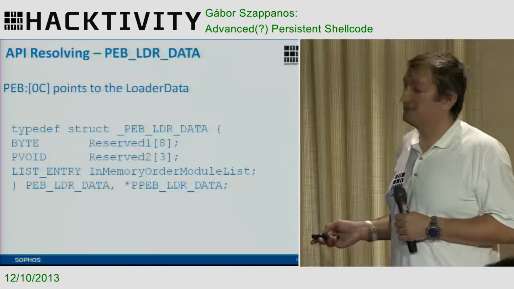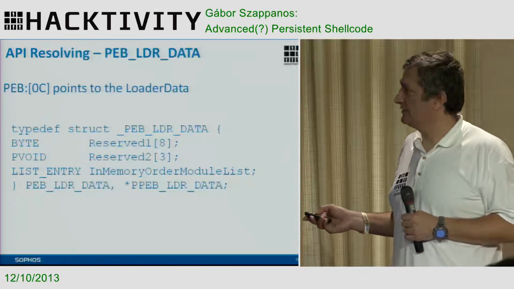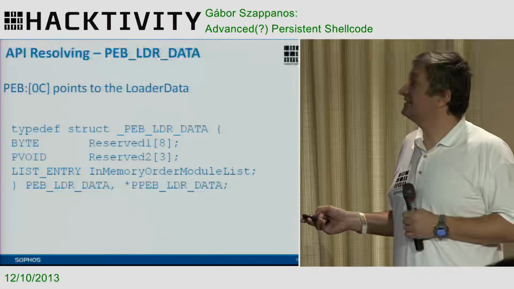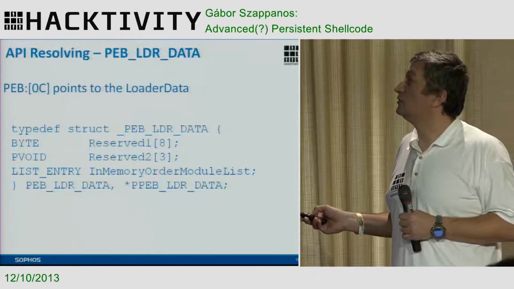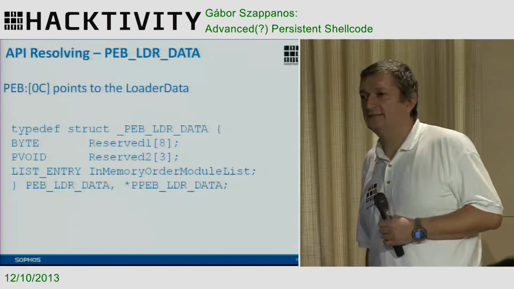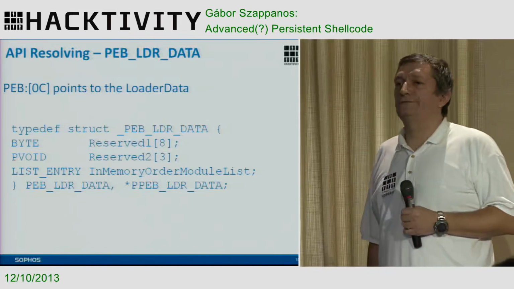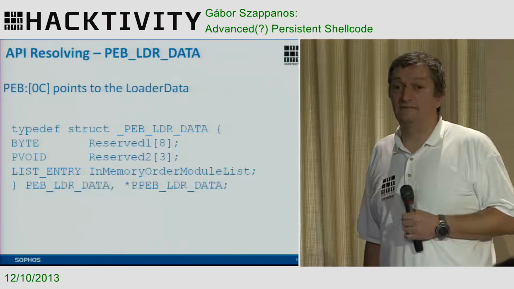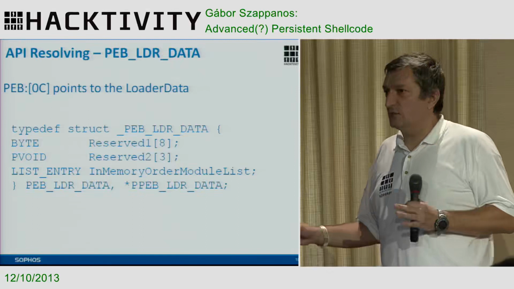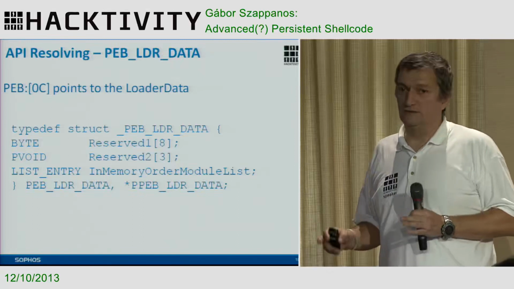A loader data structure, going forward in the documentation, contains an order module list. The order module list, and we are almost there, is a list of loaded Windows DLL files organized into a linked list. Now that's what we need. We need to get to this list.